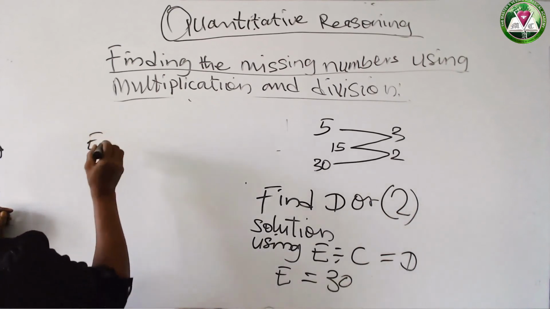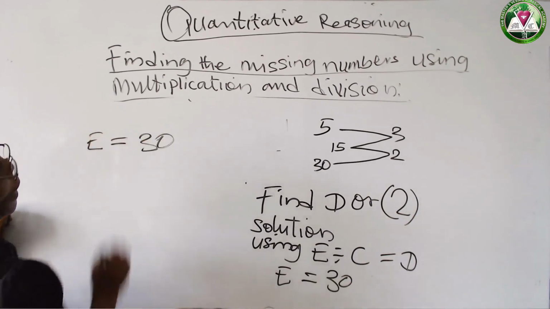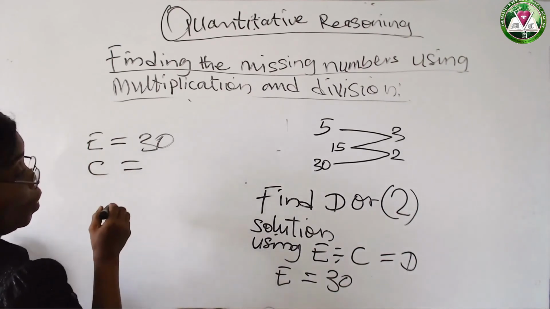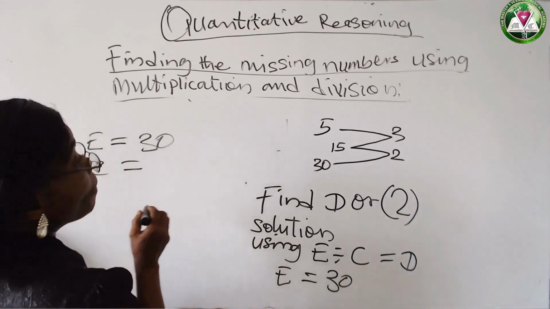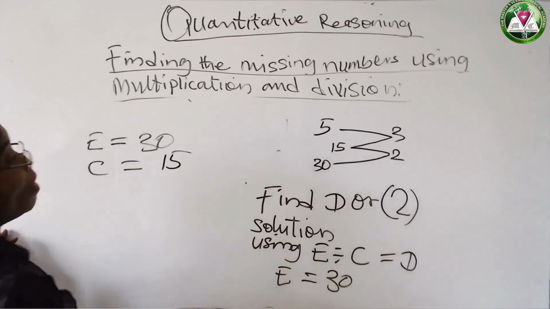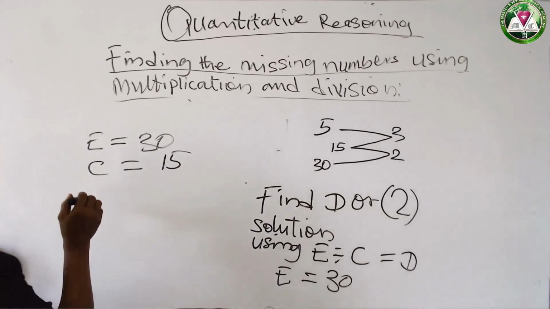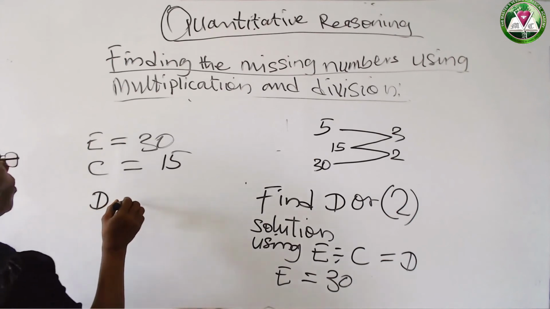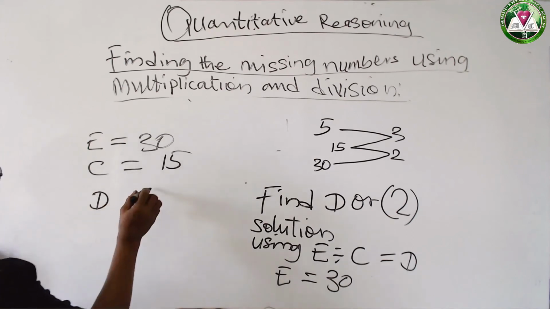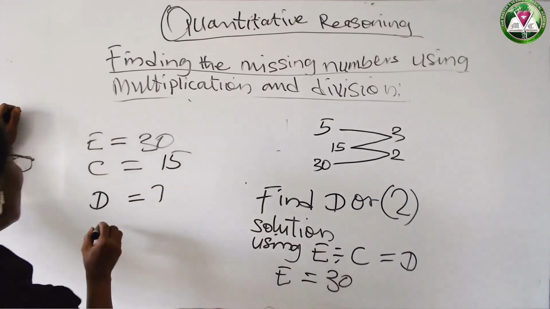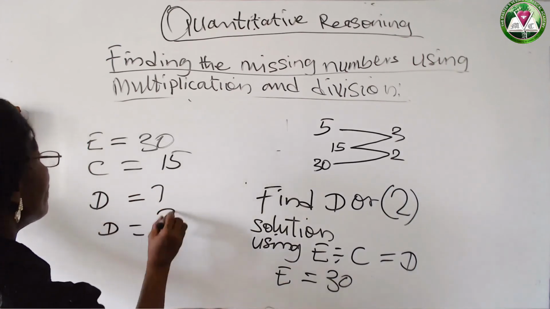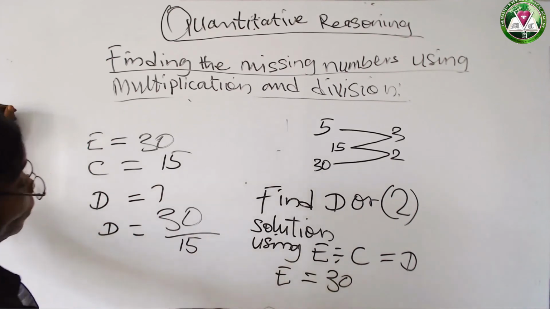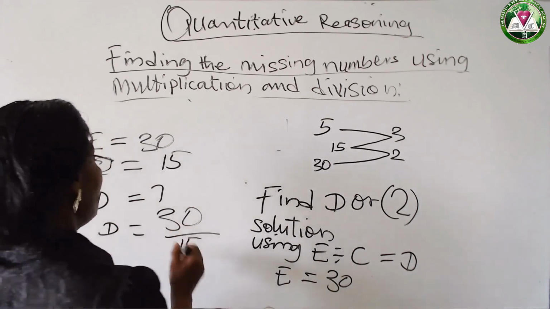E equals to 30. C equals to 15. D equals to what? So D equals to 30 divided by 15. Let's go. 15 divide itself.